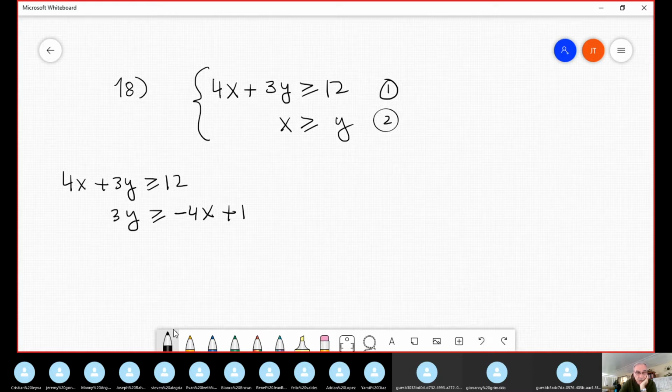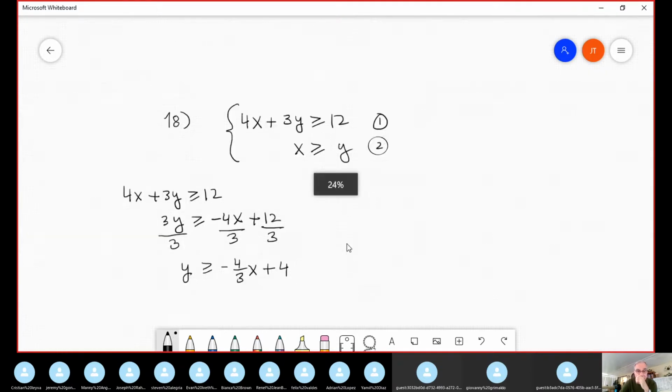I am crazy. 12. Divided by 3. Therefore, y is greater than or equal to minus 4 over 3 x plus 4.